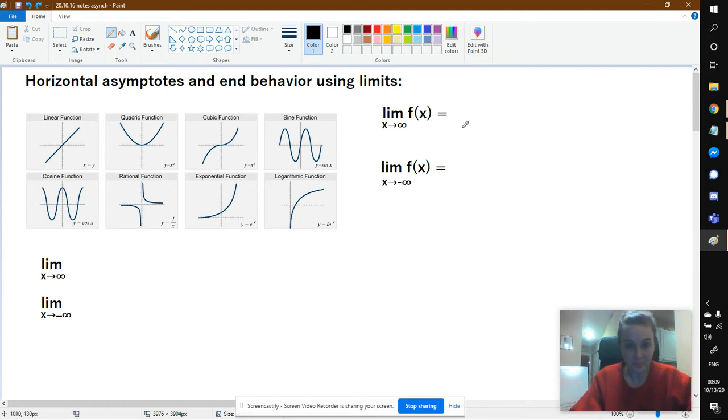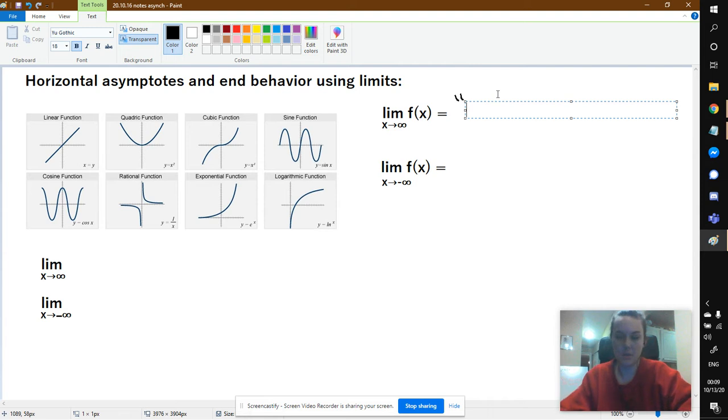Okay, so when I write the limit as x approaches infinity of f of x, this means, in English, let's type it.